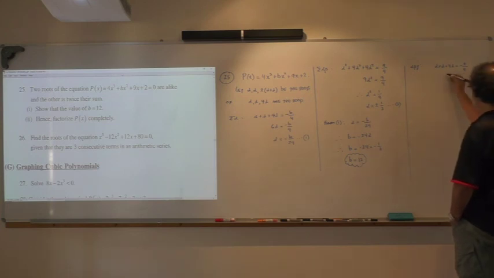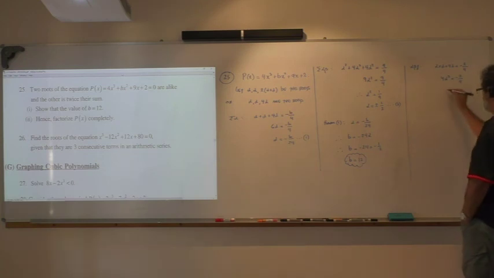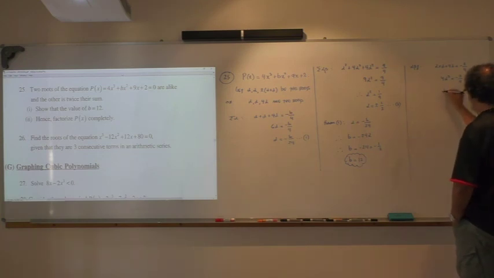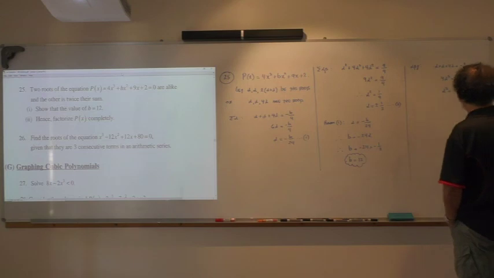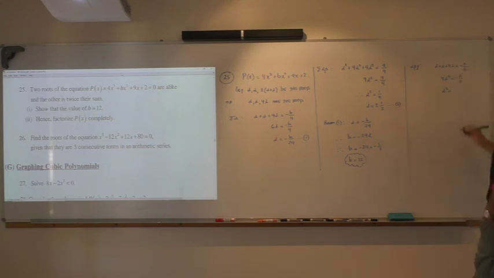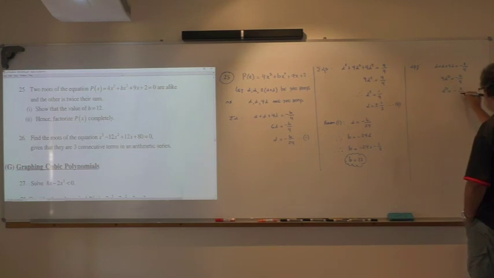And in here we have then 4 alpha cubed is equal to negative 2 over 4. And from here, alpha cubed is going to be equal to negative 2 over 16.